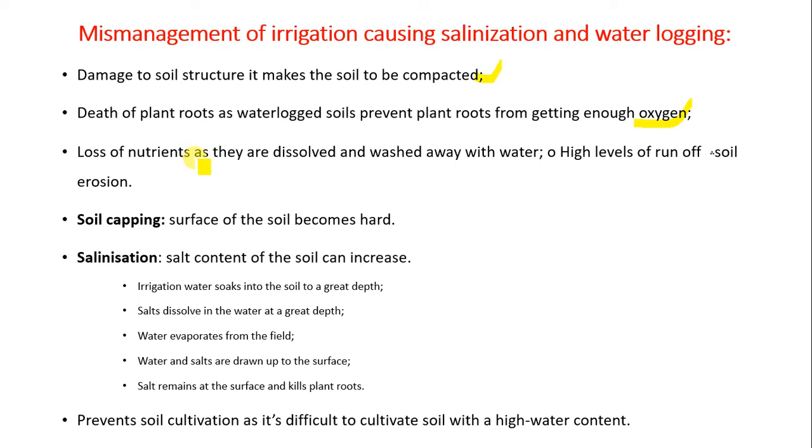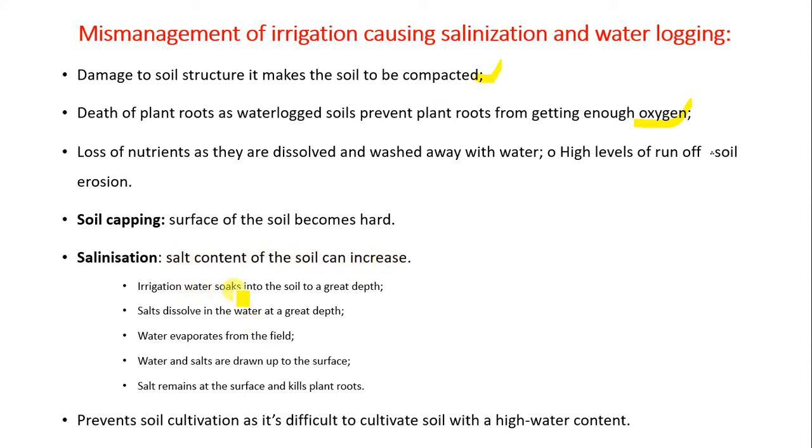Loss of nutrients as they are dissolved and washed away with water, and high level of runoff, therefore soil erosion. So things like soil capping can occur, where the surface of the soil becomes very hard because of irrigation.